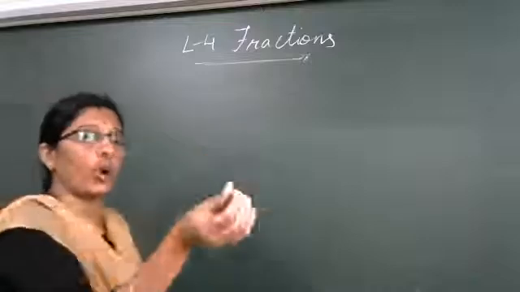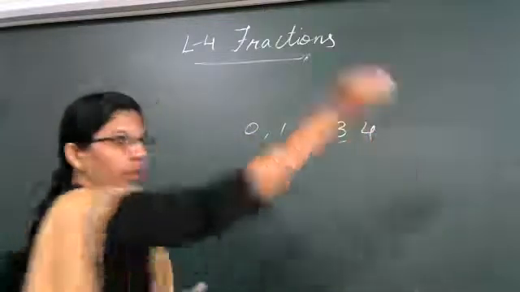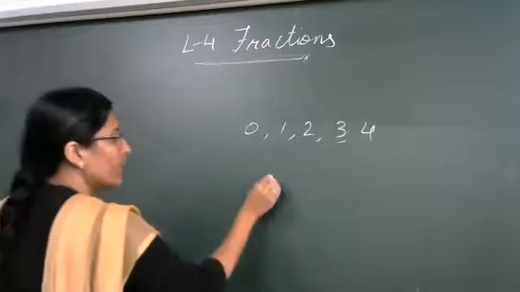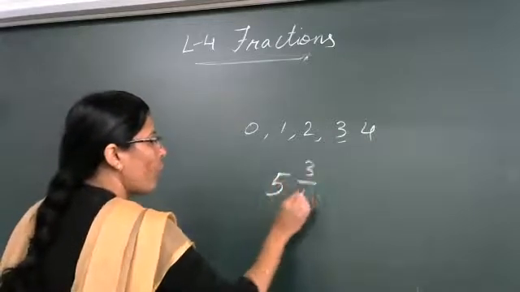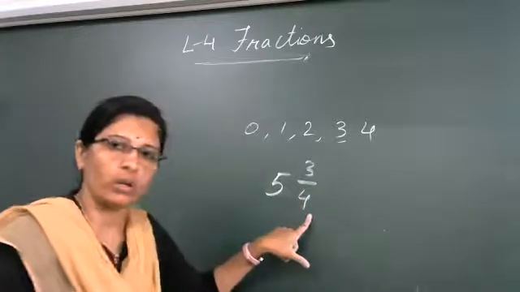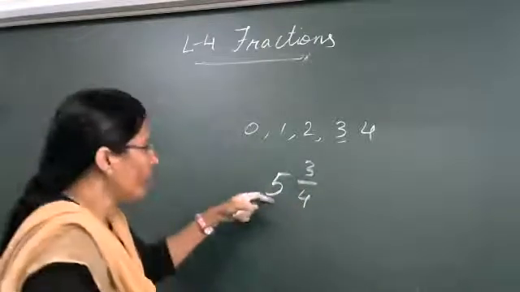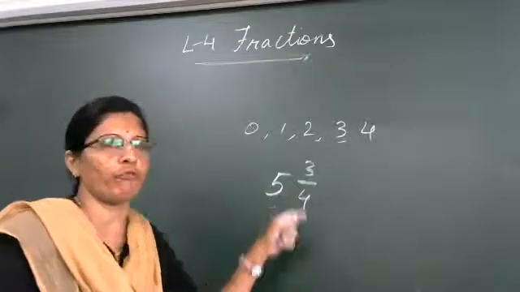Right now our whole numbers are there: 0, 1, 2, 3, 4 are counting numbers. These are whole numbers. So 5 3 by 4 means 5 integer 3 by 4. While reading we can read 5 3 by 4 or 5 integer 3 by 4.